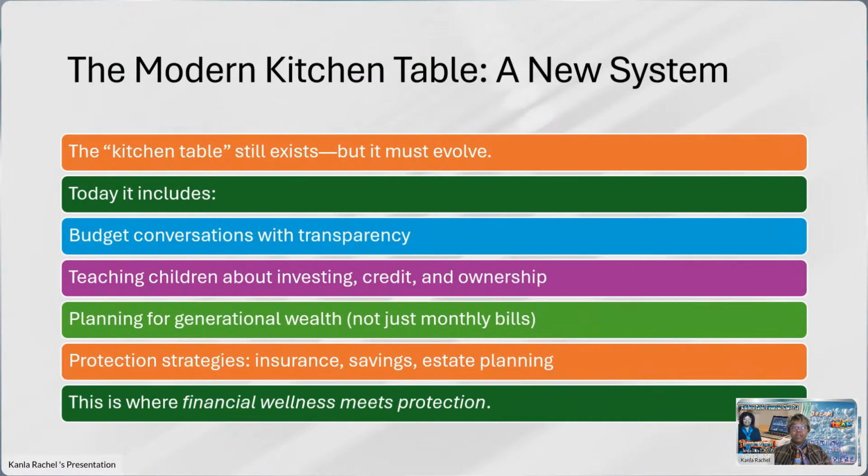Even though we've moved from the old ways, we've evolved, we've grown, we can now start talking about budgeting conversations and transparency. Bring transparency when you're talking about it. Teach your children about investing. We've talked about that. Ownership. Let us be owners and not keep on working for the rest of our lives. Plan generations down, build the wealth and protect it. Put those strategies in place.